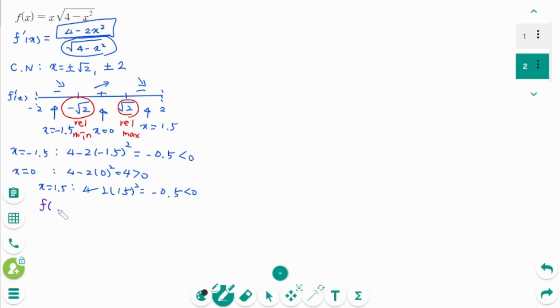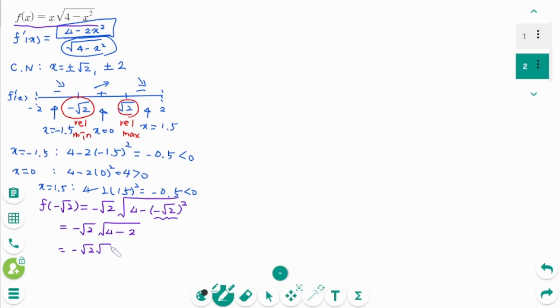f of minus the square root of 2 equals minus the square root of 2 times the square root of 4 minus the square root of 2 squared, which equals minus the square root of 2 times the square root of 4 minus 2, so minus the square root of 2 times the square root of 2, which is minus 2.